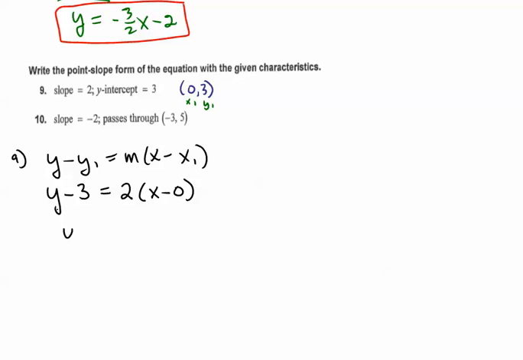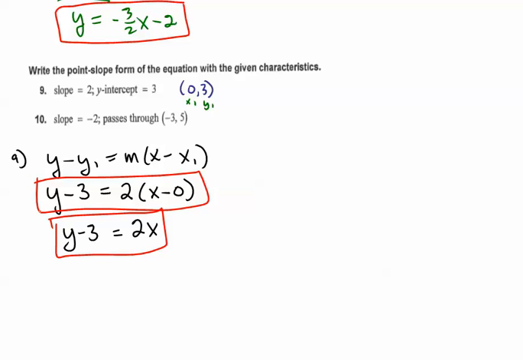We can go further. We can simplify that down to y minus 3 is equal to 2x. But in this case, it doesn't matter. Either way is okay. This could be your answer. This could also be your answer for point-slope form. All right, the final example then.